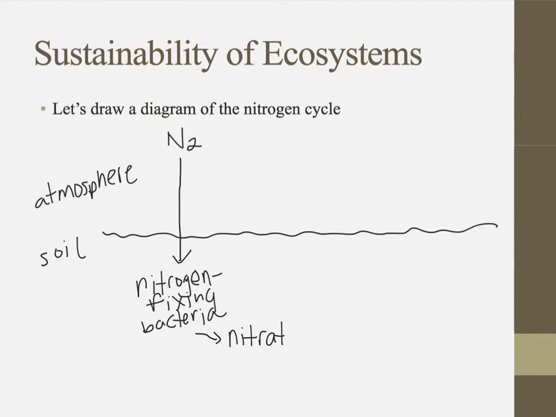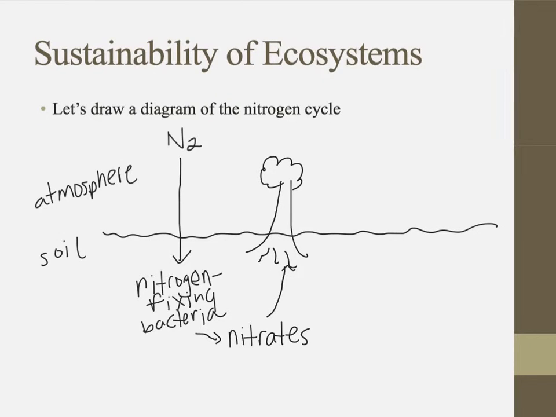So it makes it a little bit chemically different. And this is just enough to allow for things like plants and plant roots to absorb them. So the plant roots absorb the nitrates, and those nitrates are again used to build things like proteins, nucleic acids, etc.